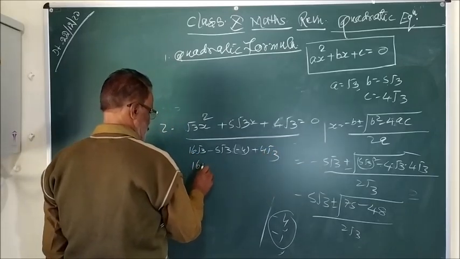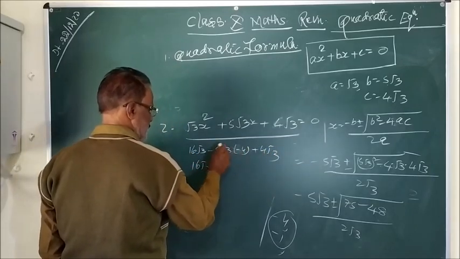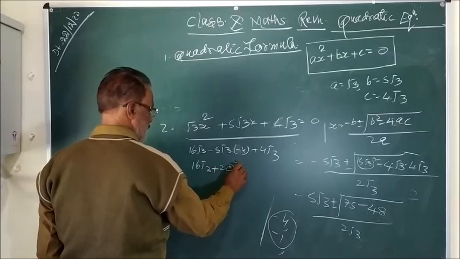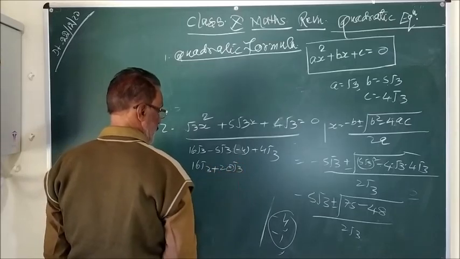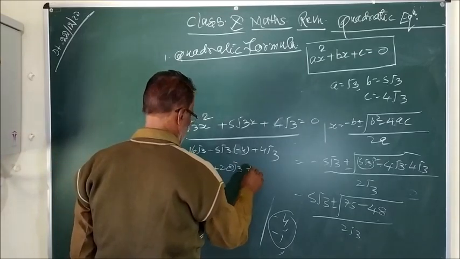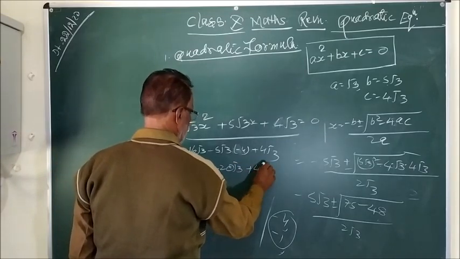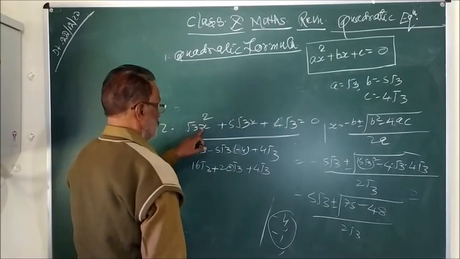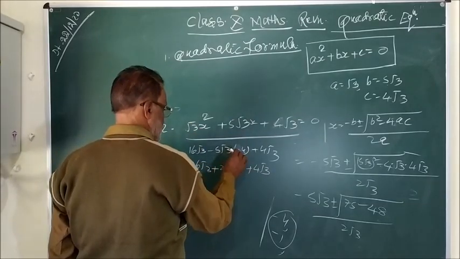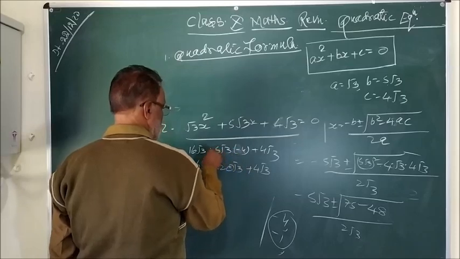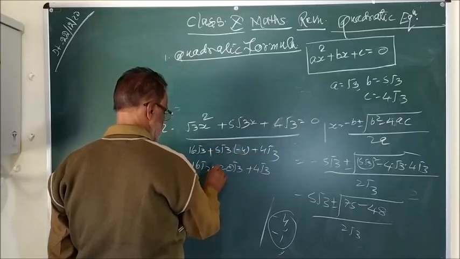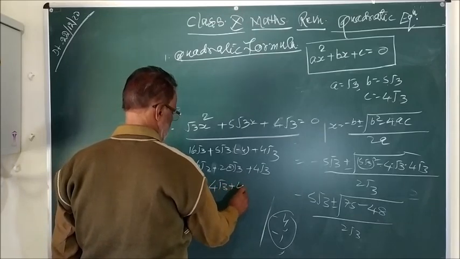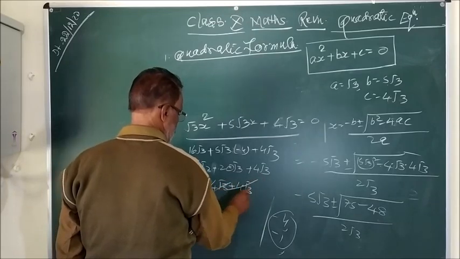So 16 root 3, and this will be minus 20 root 3 plus 4 root 3. This will be minus 4 root 3 plus 4 root 3 is equal to 0.